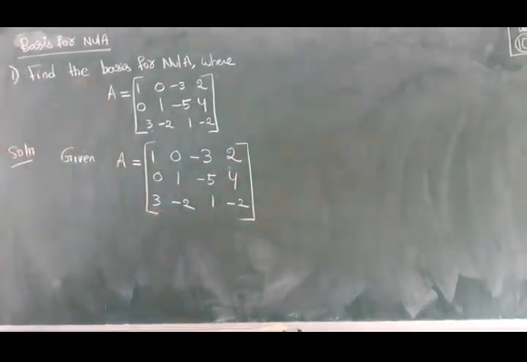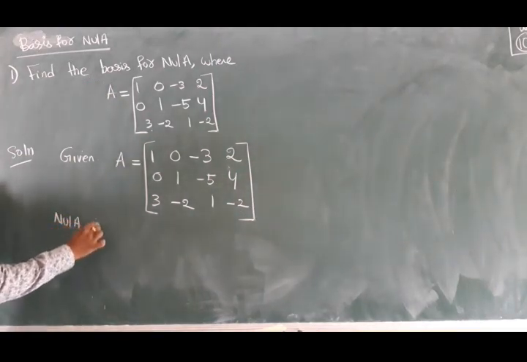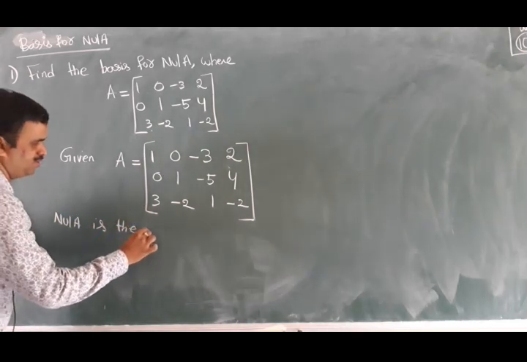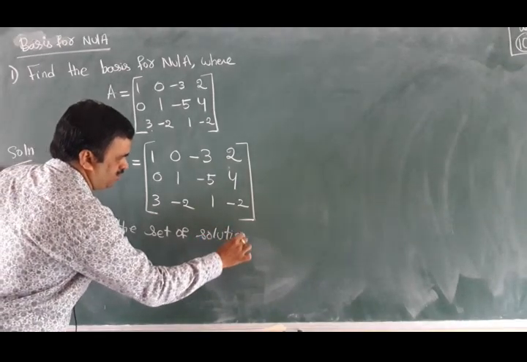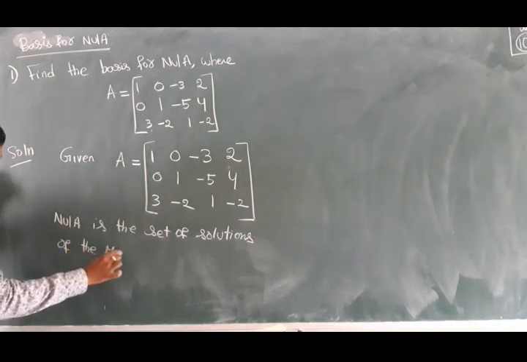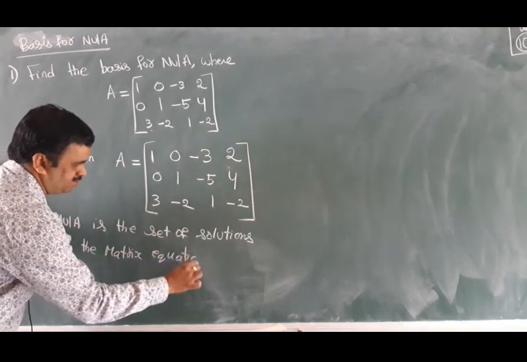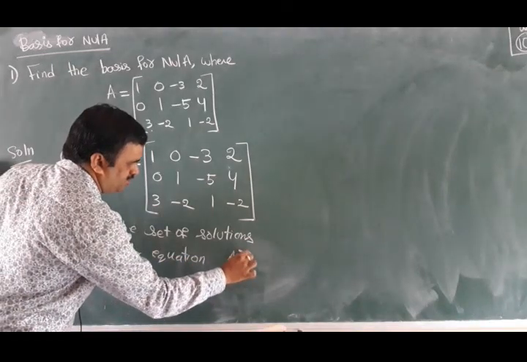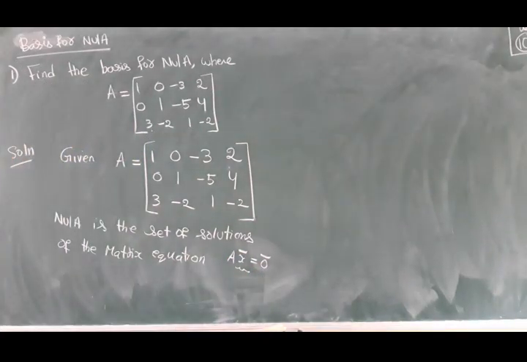We have to find basis for null A. Null A is the set of solutions of the matrix equation A x bar equal to 0 bar.